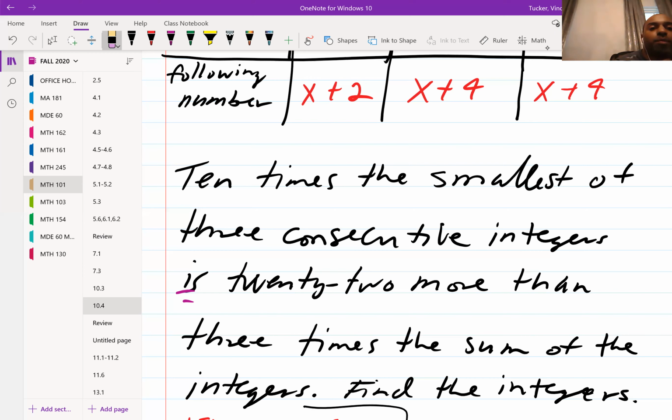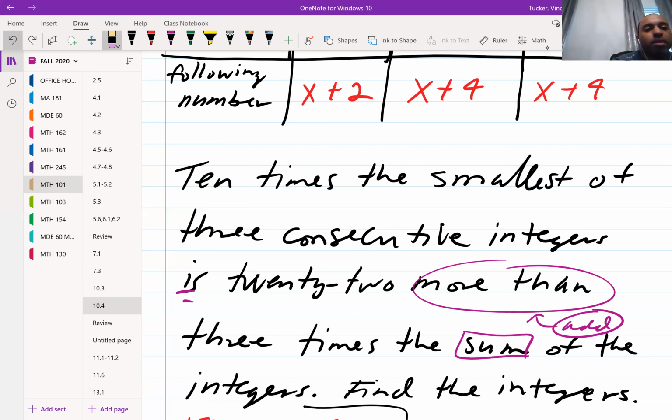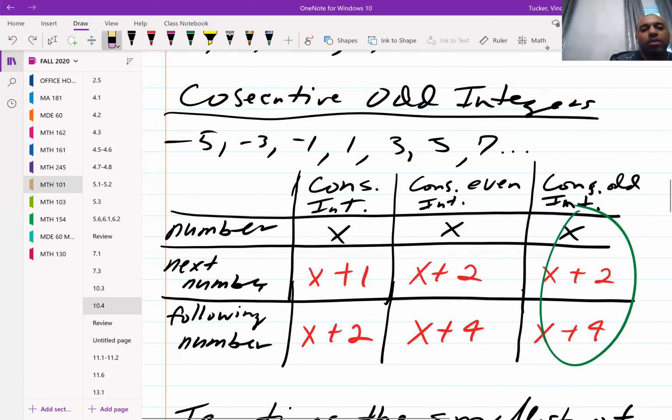All right, let me put all my notes back on it.